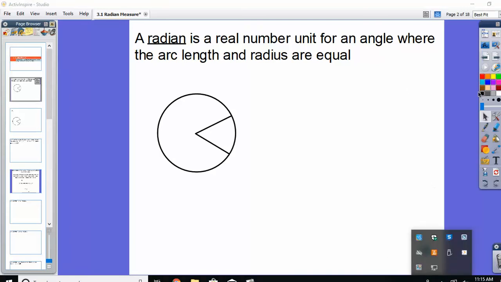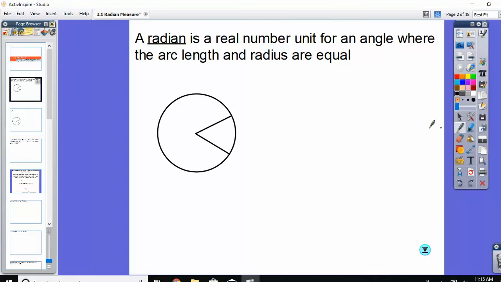What it means is a radian is set up so that if the radius of your circle, so this is your radius, and this is your arc length. We use S for arc length. If the radius is equal to the arc length, then your angle is 1 radian.